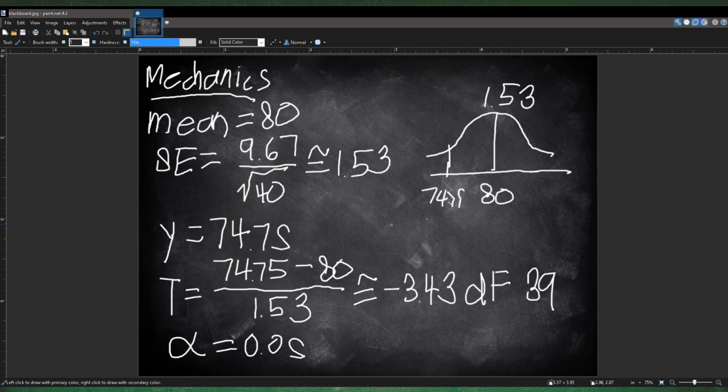So basically we're going to ask if this has a chance of getting 80 or above. So what's the probability that he will fail the class?